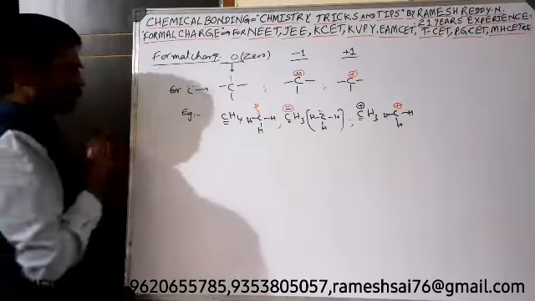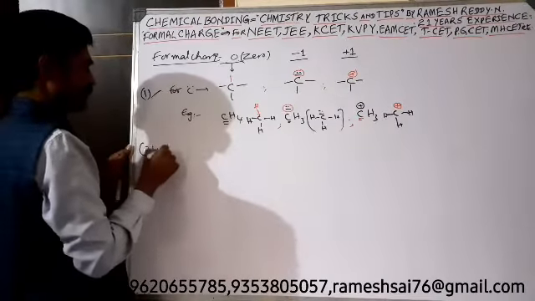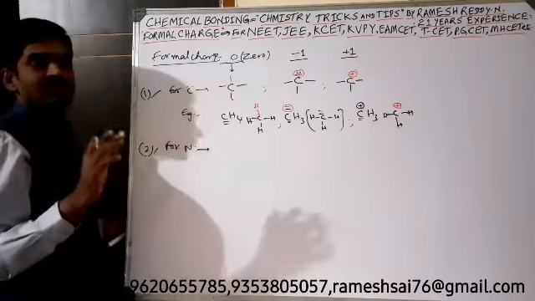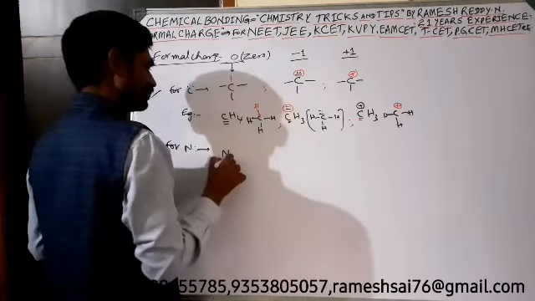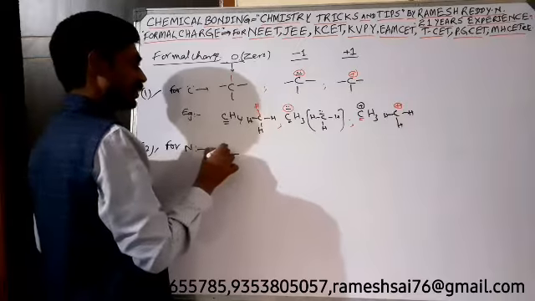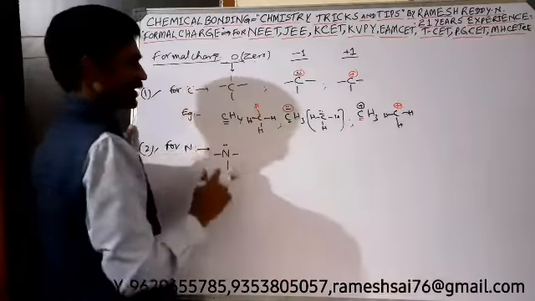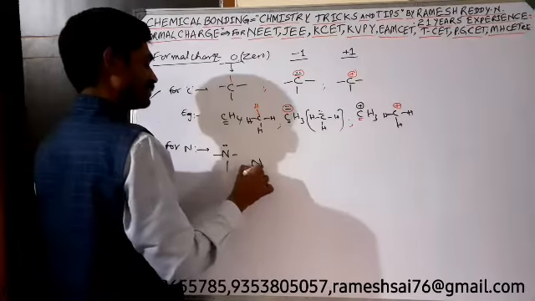For nitrogen, how to calculate formal charge without applying the formula? If nitrogen has 3 covalent bonds and 1 lone pair of electrons, then its formal charge is 0, right? For example, we take ammonia, NH3.